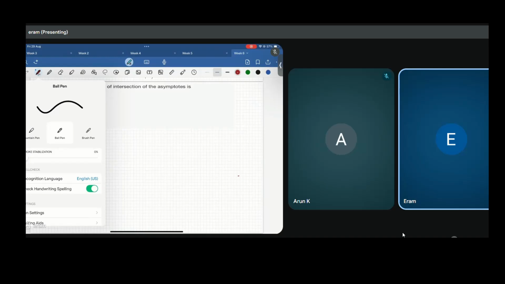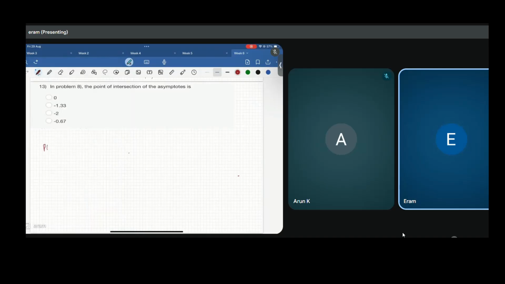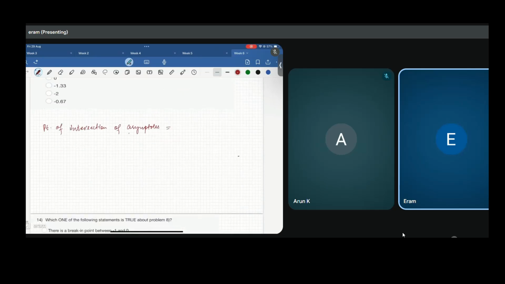So the point of intersection of asymptotes is equal to, we have to calculate the sum of poles and subtract from it the sum of zeros, and then divide it by the number of poles minus number of zeros.